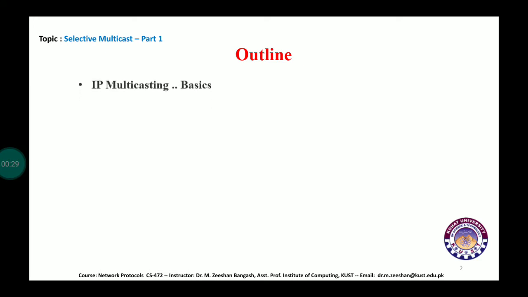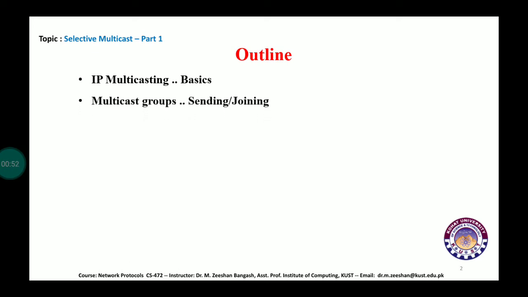Before discussing details about the selective multicast protocols, in the first session of this topic, we will be talking about some basic concepts about multicasting, particularly IP multicasting.